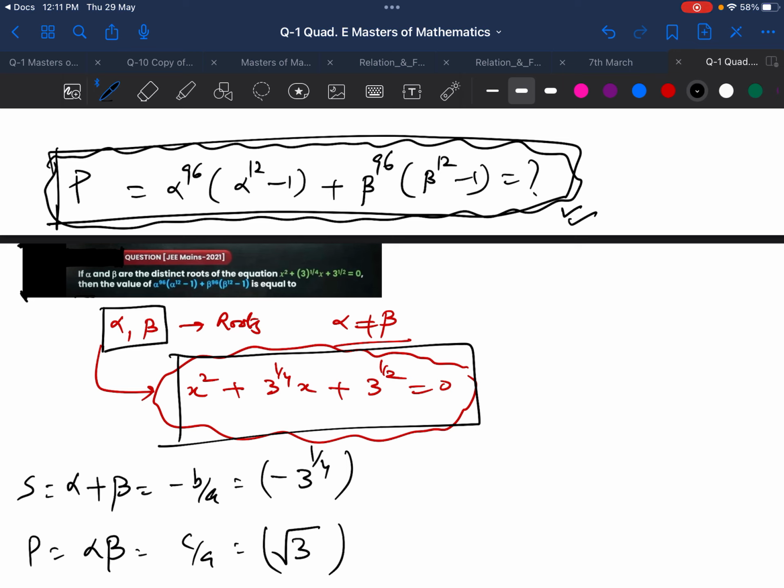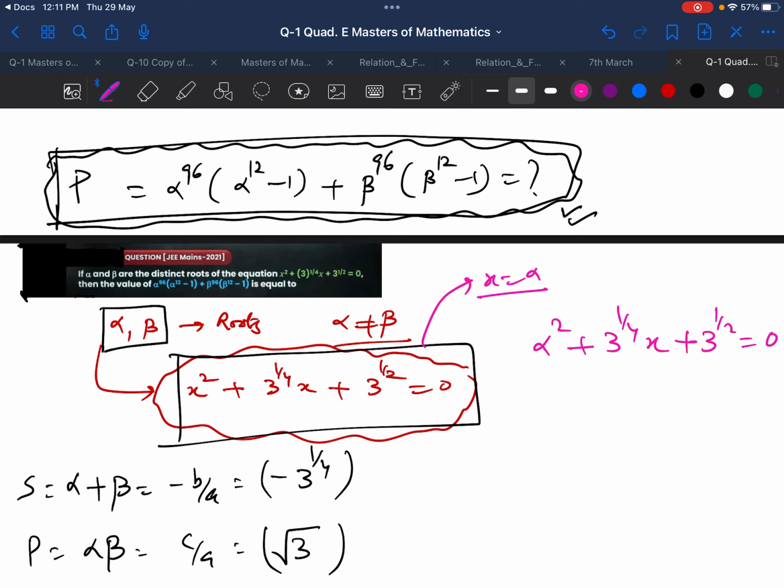So I know one more thing, that since alpha and beta are roots, if I put x equal to alpha in this equation, then it will satisfy, meaning alpha square plus 3 raised to power 1 by 4 alpha plus 3 raised to power half will be equal to 0.